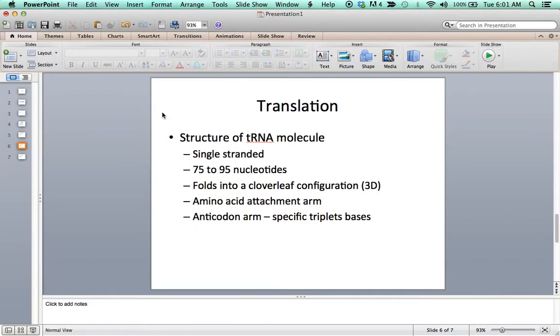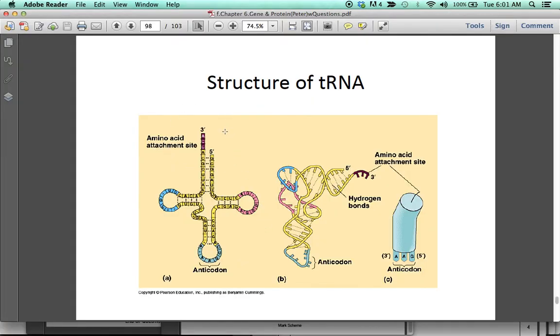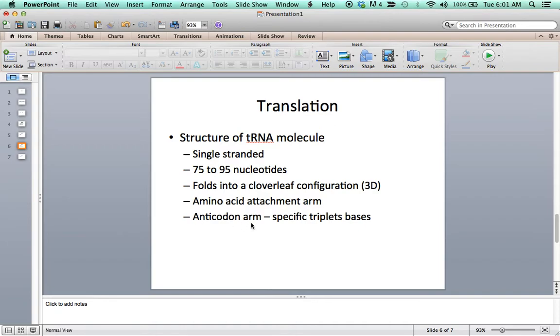And the tRNA molecule has a specific amino acid attachment arm and the anticodon arm. This is where specific amino acids are attached. And the anticodon arm is where specific triplet bases are found.